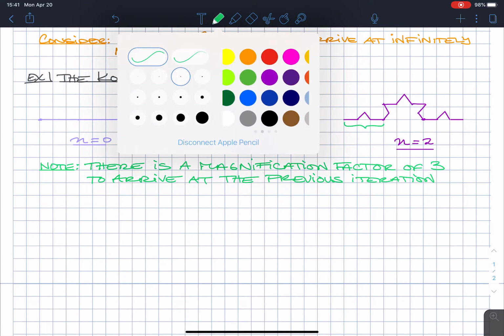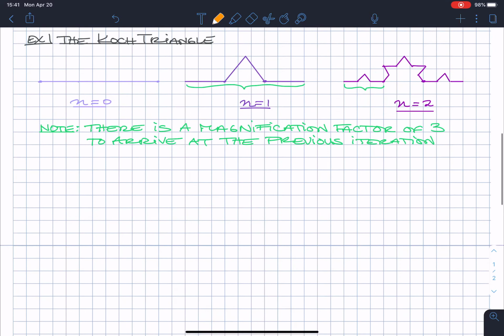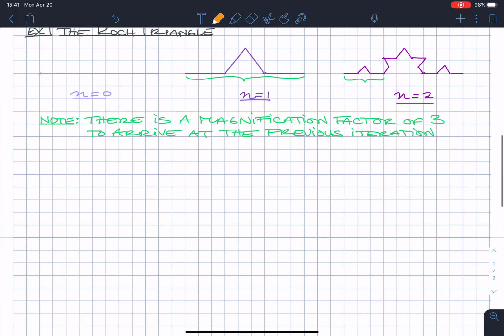So we see that if this goes on forever and ever, amen, we're going from a line to something that's going to be so complicated it might almost be area.